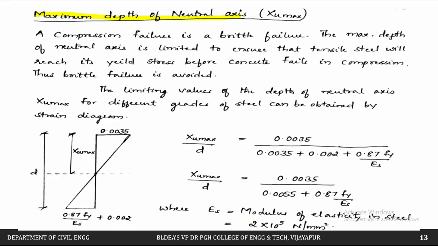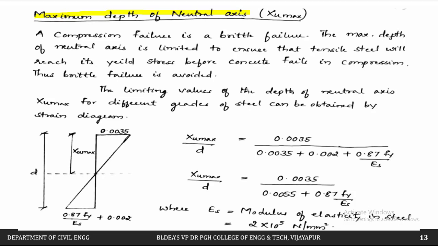Next, we will try to calculate what is the maximum depth of neutral axis. x is nothing but the depth of the neutral axis, so we will write it as xu max, that is nothing but the maximum depth of the neutral axis. Now why is this required? Why is the maximum depth of neutral axis required?